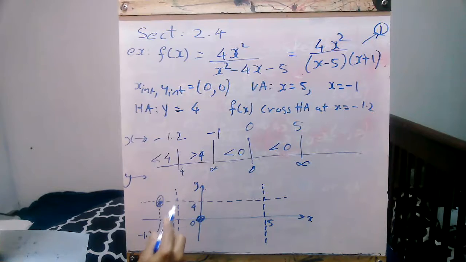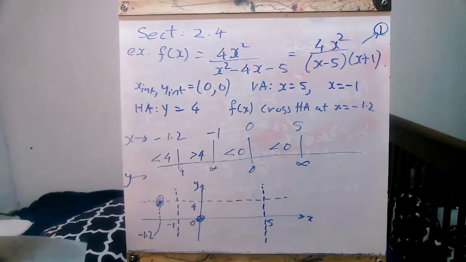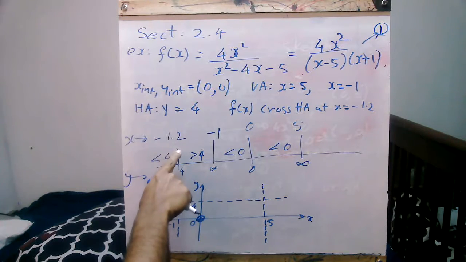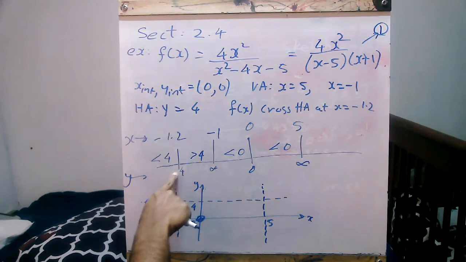When it is a vertical asymptote, the graph may come in this way or this way, right? We did this, and now you may realize why: I did this in order to find if it comes from the top or bottom.